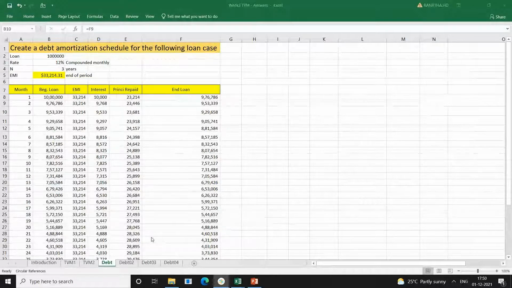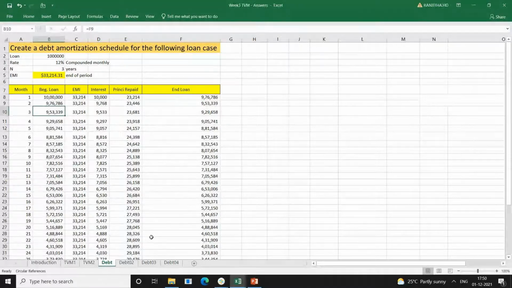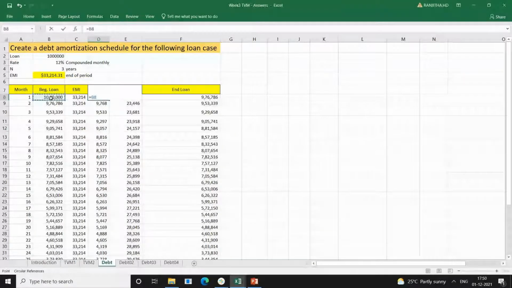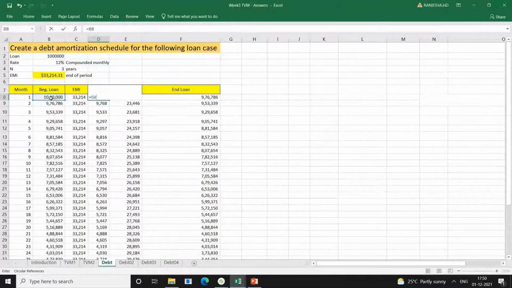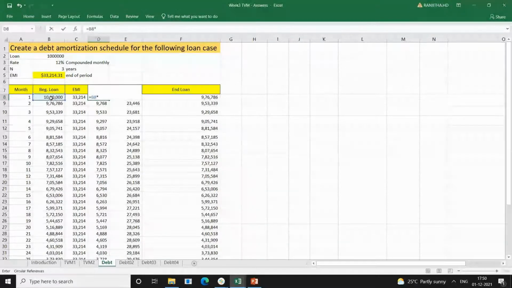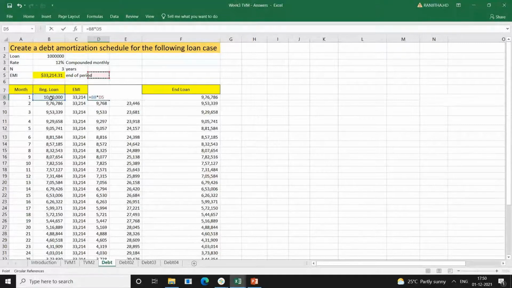So if I want to find the interest, first what you need to do is equals, select the beginning loan, into the interest rate, that is 12%, divided by 12.